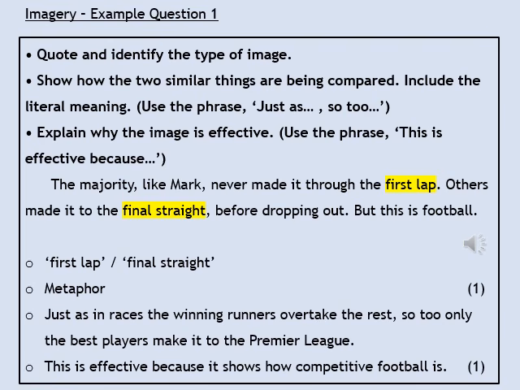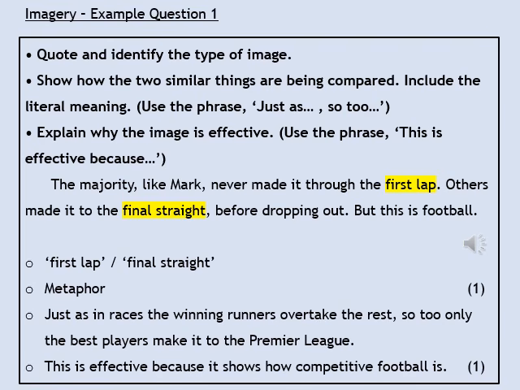For our second mark, we've got to say, in the first instance, how the 2 similar things being compared in the image are similar. We should include the literal meaning and use the phrase just as so too. In this case, we could have said, just as in races, the winning runners overtake the rest, so too only the best players make it to the Premier League.